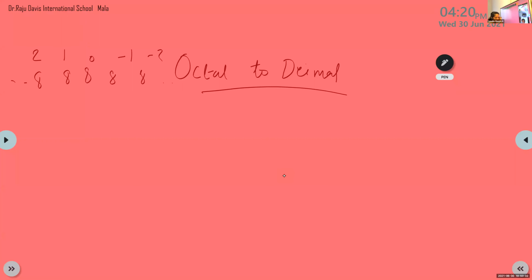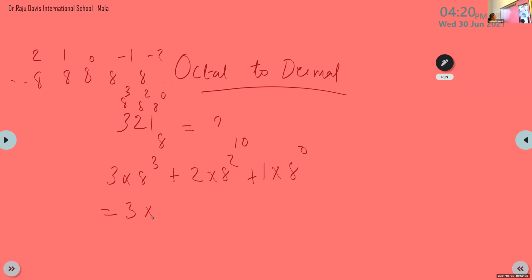So write one question: 321 to the base 8, to decimal. How will we convert this one? That is 3 into 8 raised to 2 plus 2 into 8 raised to 1 plus 1 into 8 raised to 0.